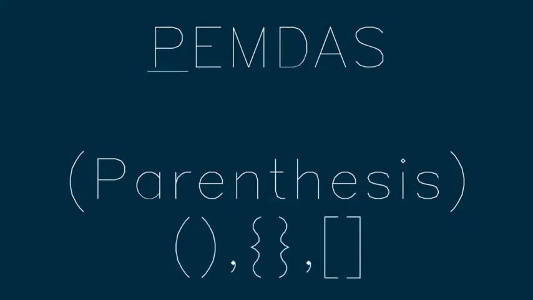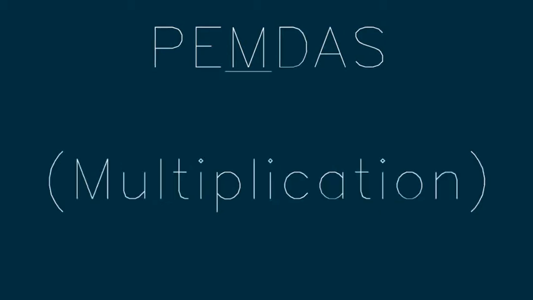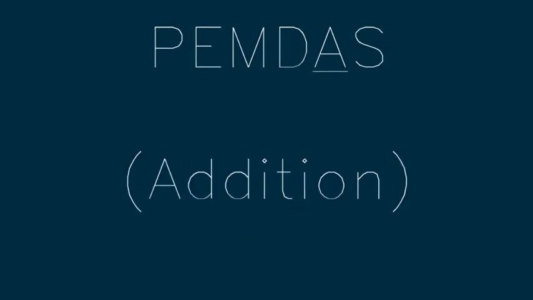Now all of these are examples of parentheses. The E stands for exponent, and the example is like a squared. Now the 2 is the exponent part, and the M stands for multiplication. The D stands for division, and the A stands for addition.